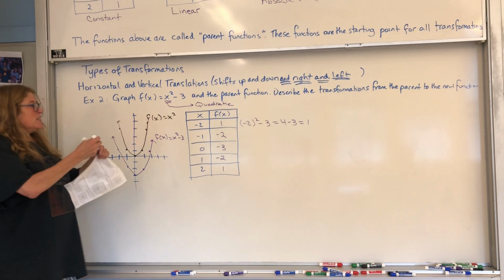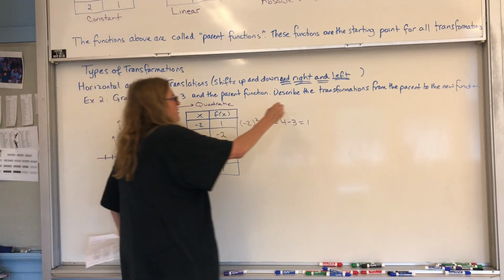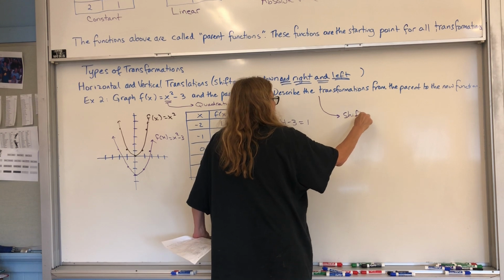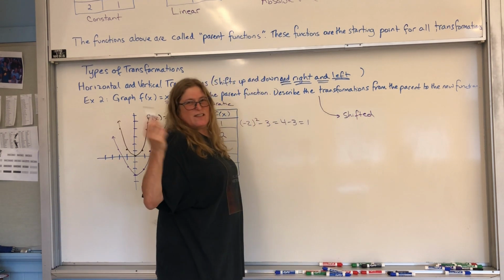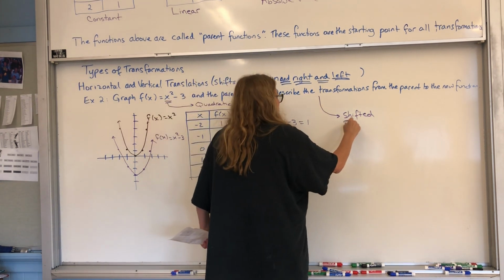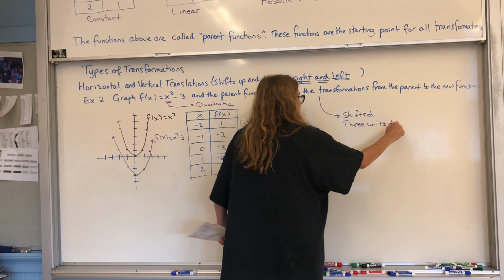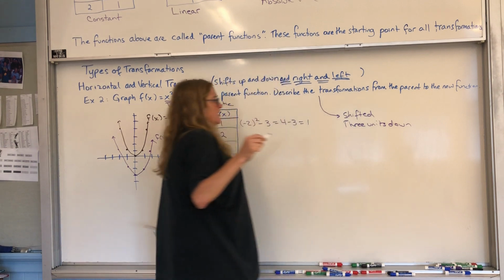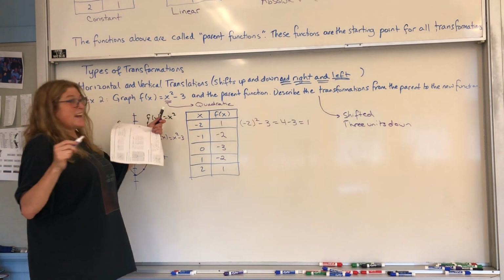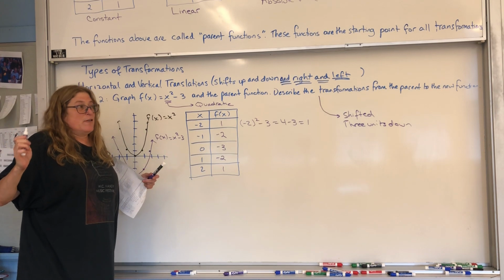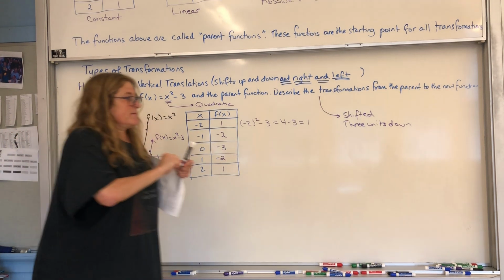So if I'm going to describe the transformations, I'm going to say that it is shifted or translated, shifted's a little more casual, 3 units down. So if I take the parent, shift it 3 units down, I get x squared minus 3. Okay, now we're going to move to the other boards. Super exciting.